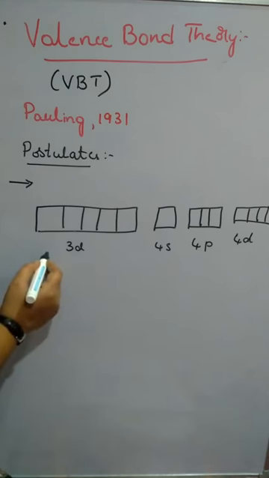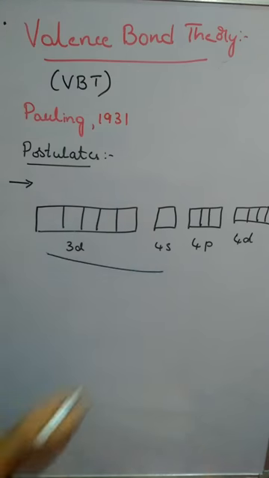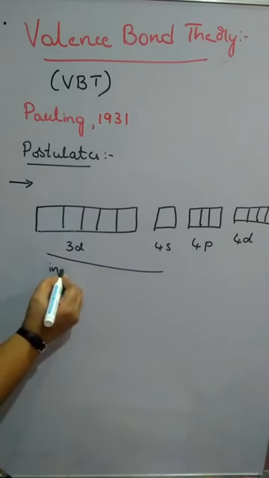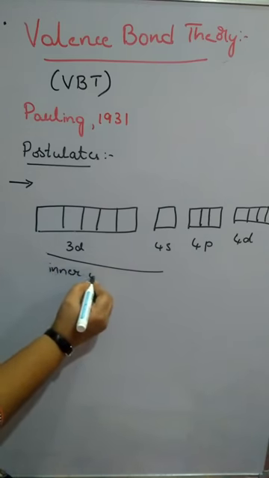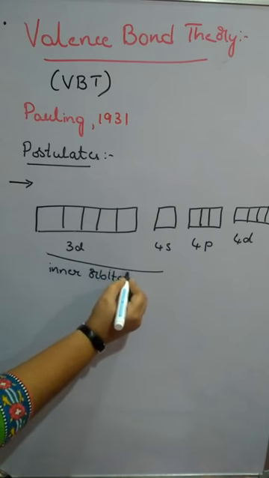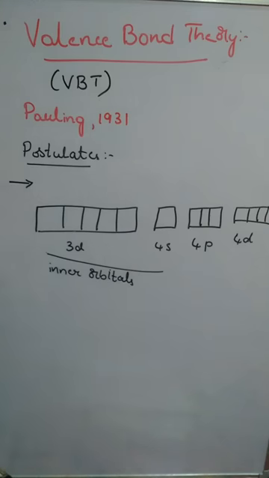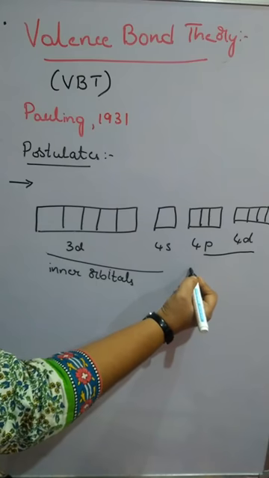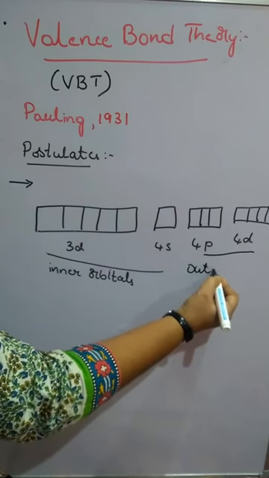If 3d orbitals are involved, they are called inner orbitals, and the complex, if it involves hybridization with 3d, is called an inner orbital complex. If 4d is involved, then we call that an outer orbital complex.